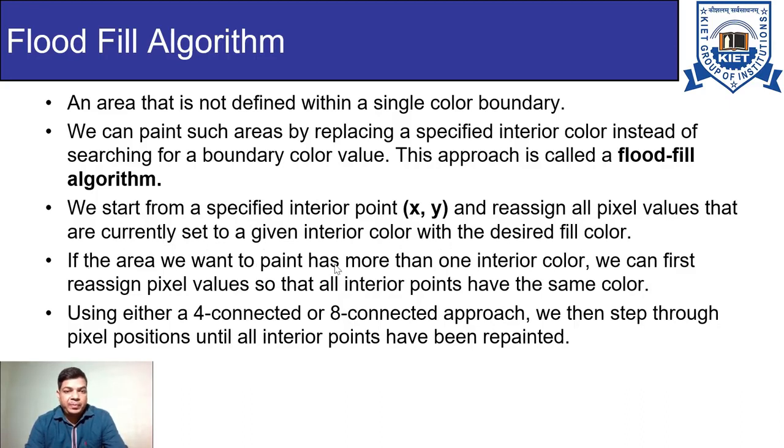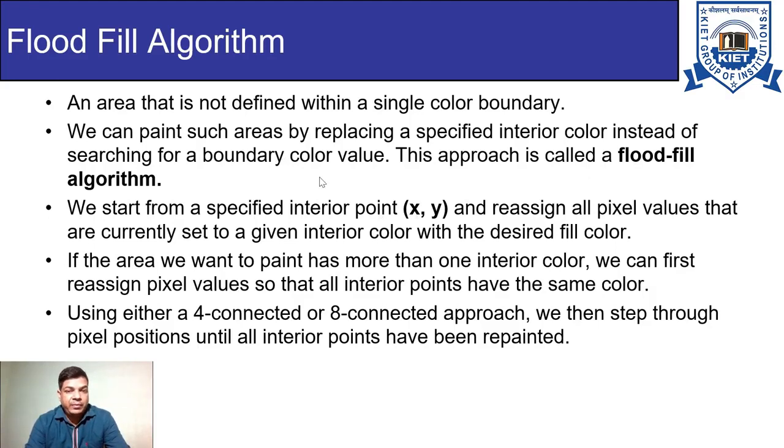If the area we want to paint has more than one interior color, we can first reassign pixel values so that all interior points have the same color. Using either the 4 connected or 8 connected approach, we then step through pixel positions until all interior points have been repainted. So you can see that the working of this algorithm and the previous algorithm is the same.